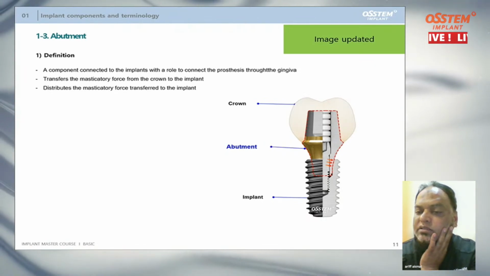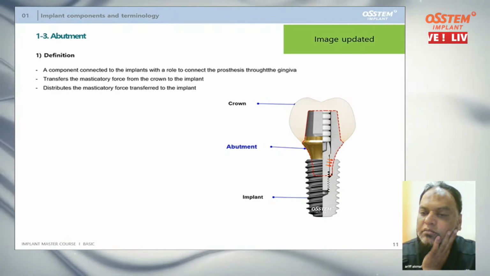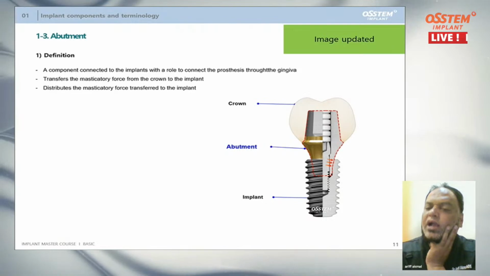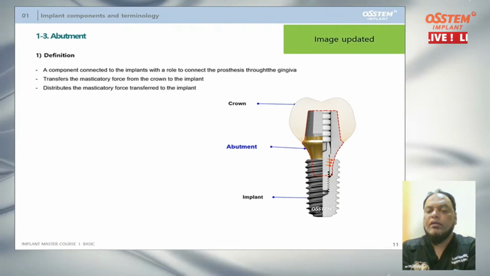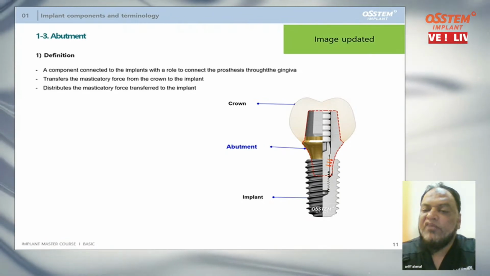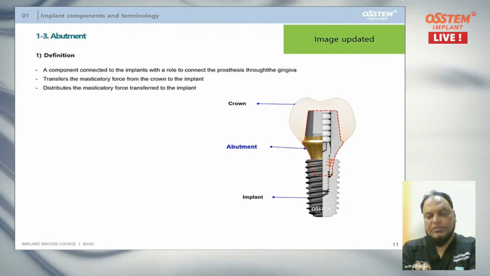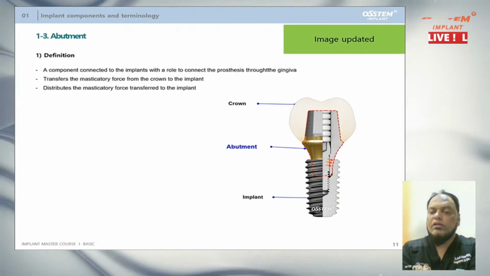If the root length is already 11, how can I place an 8.5 or 10 mm implant? A difficult situation. I will not be following the protocol, and I will not be getting primary stability. So there is a reason why there are different lengths and different diameters. You should follow the protocols accordingly.